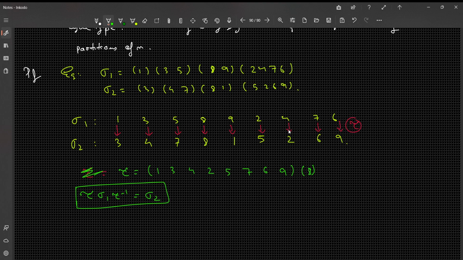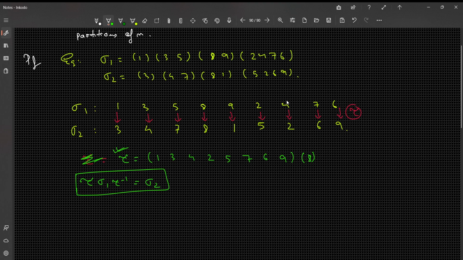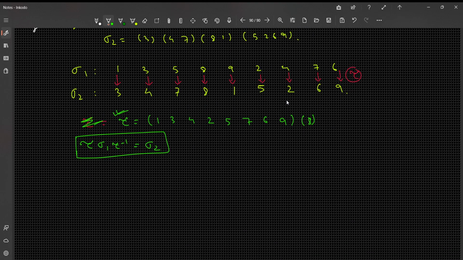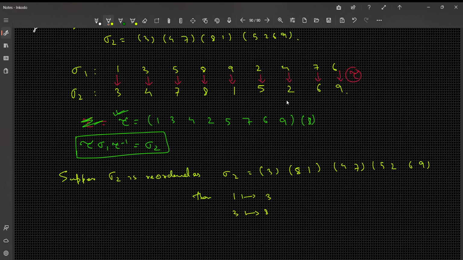Now there can be multiple such permutations tau. Because if we reorder the elements in sigma 2, suppose sigma 2 is reordered as 3, 8, 1, 4, 7, 5, 2, 6, 9, then we have to map.